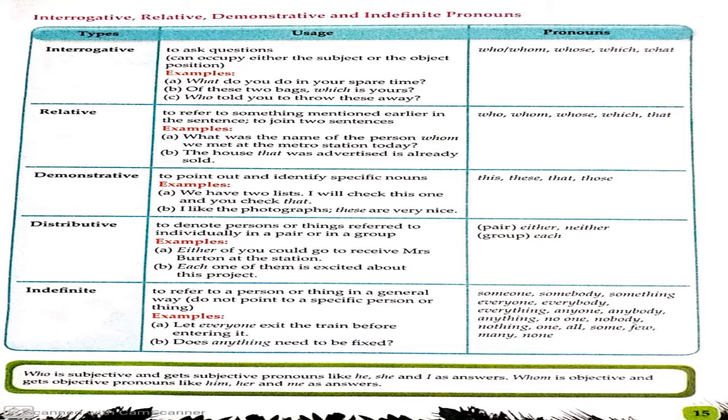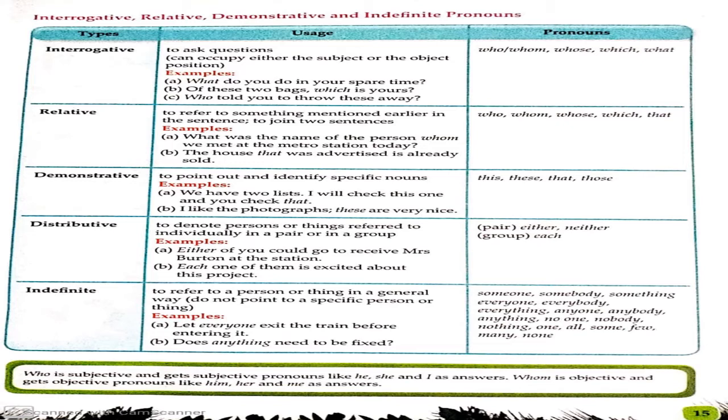Okay, they all fall under the demonstrative pronouns. Let's see the example. We have two lists. I will check this one and you check that. Okay, so you can see here the demonstrative pronoun that. I like the photographs. These are very nice. So here in this, these is a demonstrative pronoun.